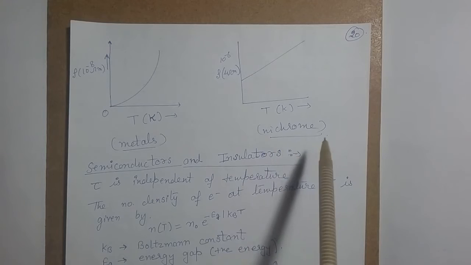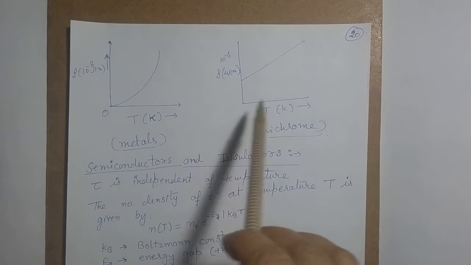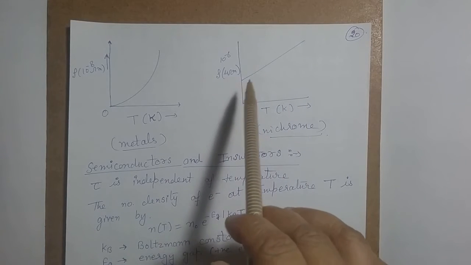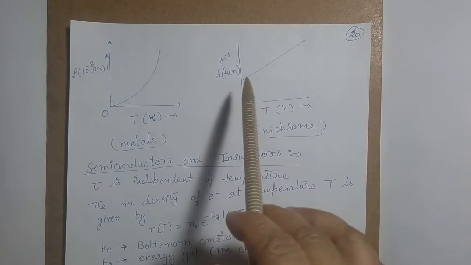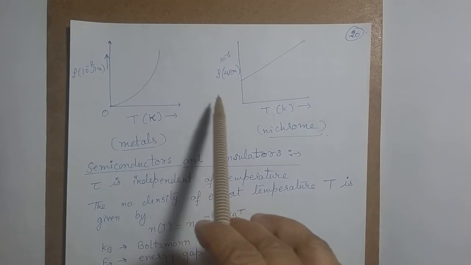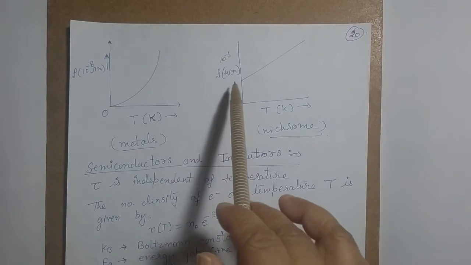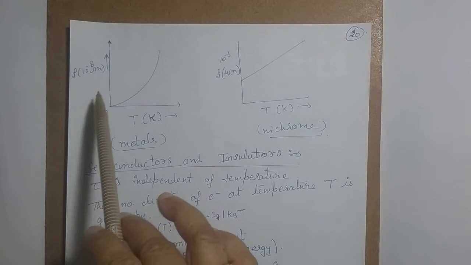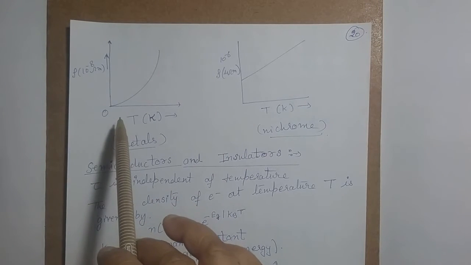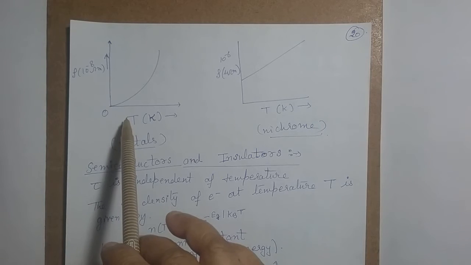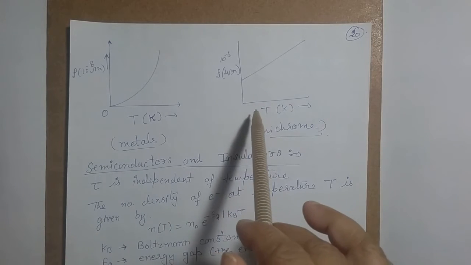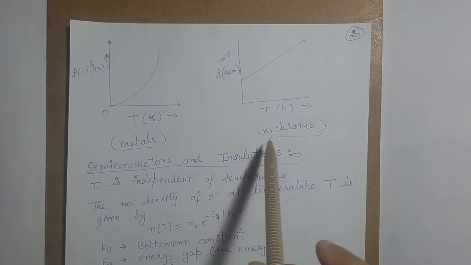But in case of nichrome, with rise in temperature, the resistivity is like this. This is of the order of 10 raised to power minus 6, and here it is less than that. So the resistivity for a metal is less as compared to the resistivity for an alloy, and nichrome is a very good example for the alloys.